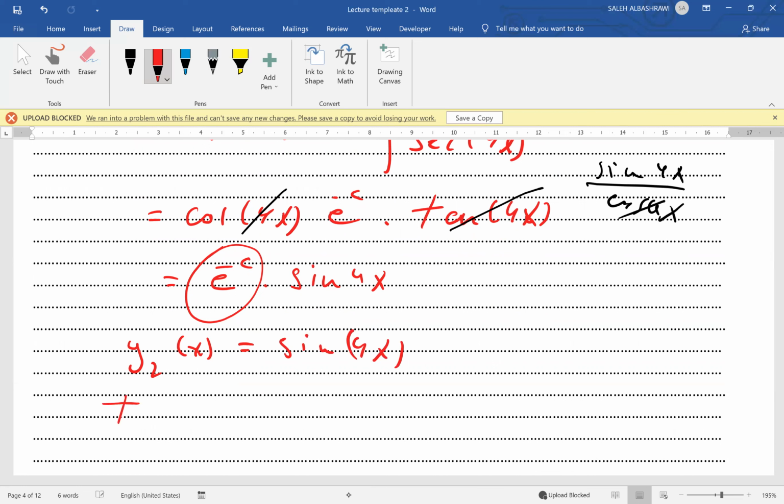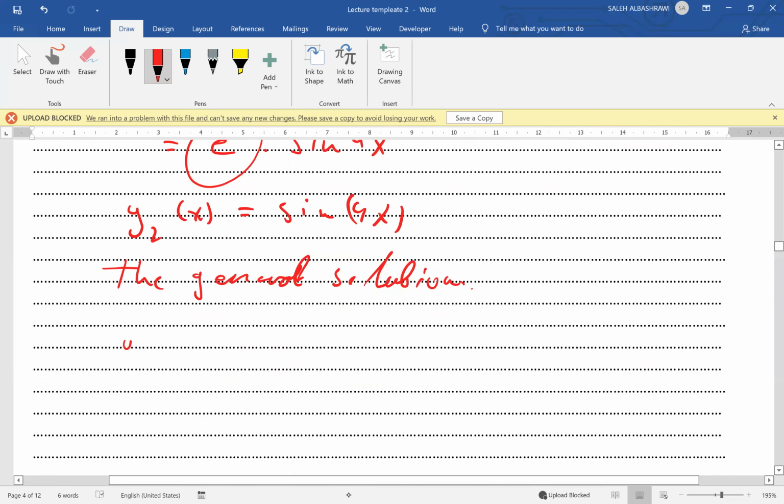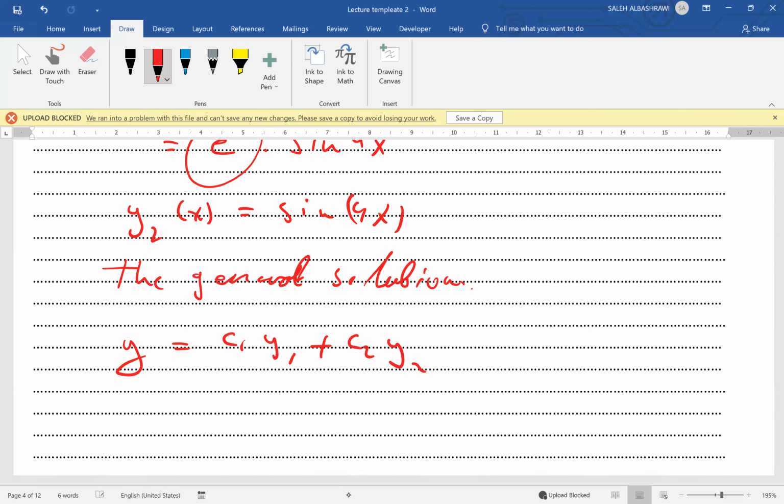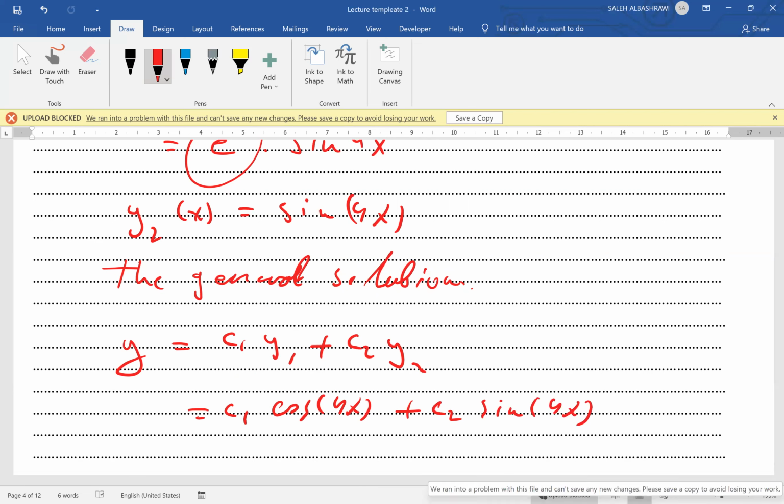And the general solution, which is equal to y equal to c1 y1 plus c2 y2, will be c1 cosine 4x plus c2 sine 4x. So this is how to find the second solution of the given differential equation using the reduction of order.